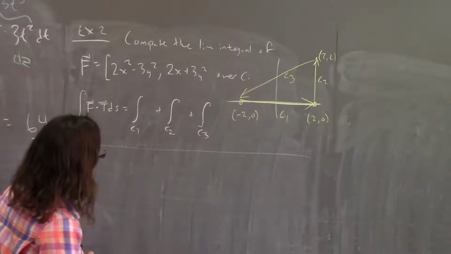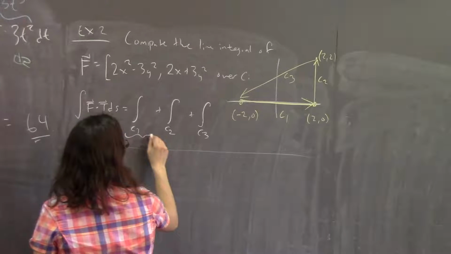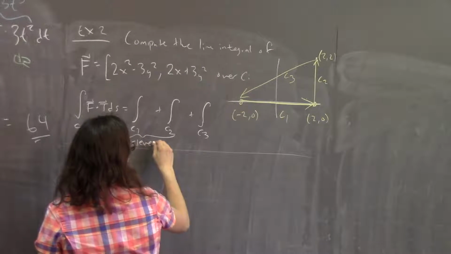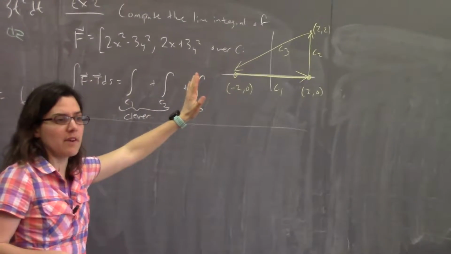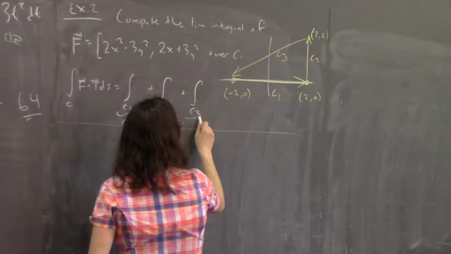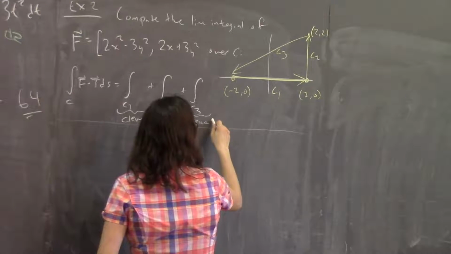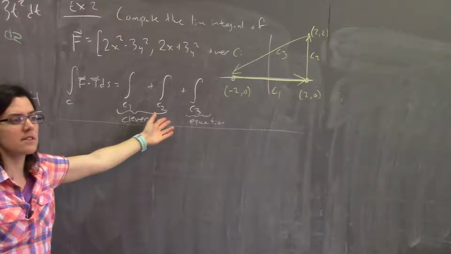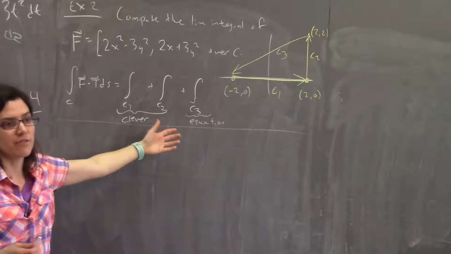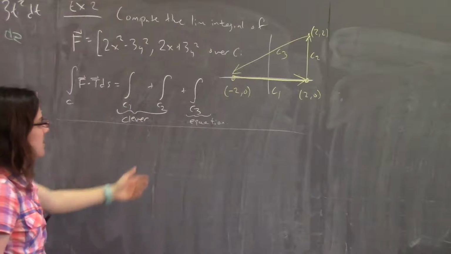We'll do the first parts by cleverness. So trying our clever trick of when things are horizontal or vertical, we can sometimes simplify our lives. And then for C3, we'll use the equation that always works. We could use the equation for all three of the parts, but for fun, we'll do the first two parts with cleverness.